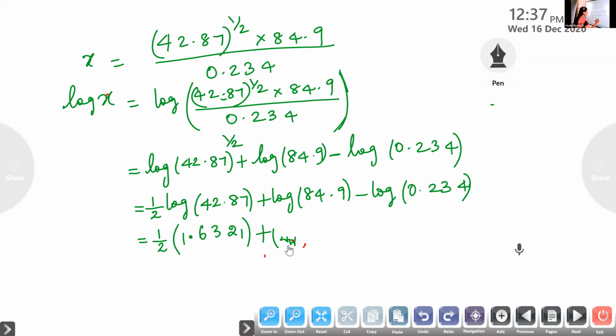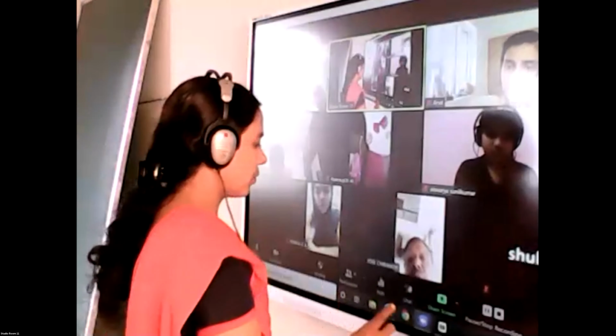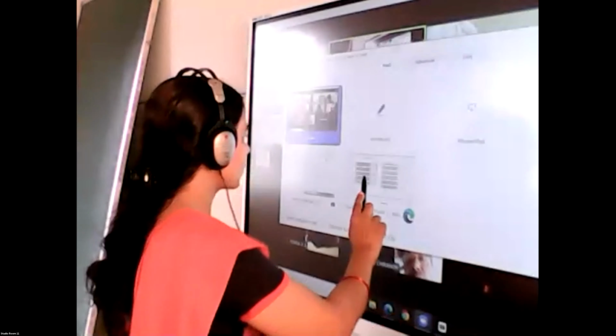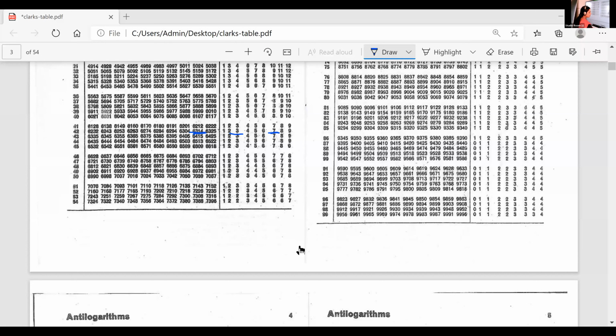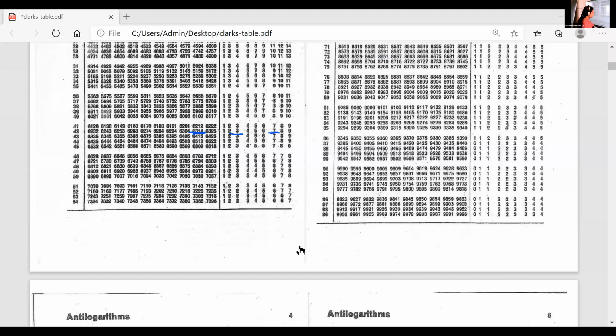1.849. We have to take the log of 849. So tell me, what will be the log of 849? 8, 4, 9.